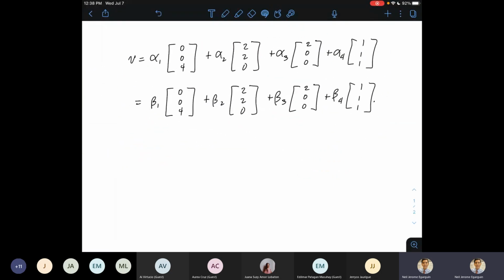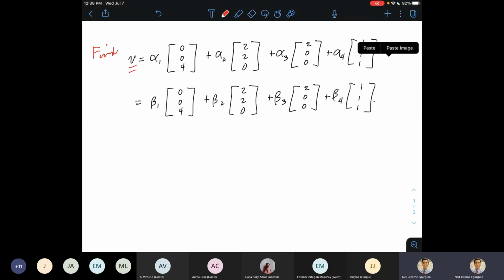So, proof of existence. The claim was that the representation is not unique. Therefore, we should be able to find an element V of R3 such that it has these two different representations.